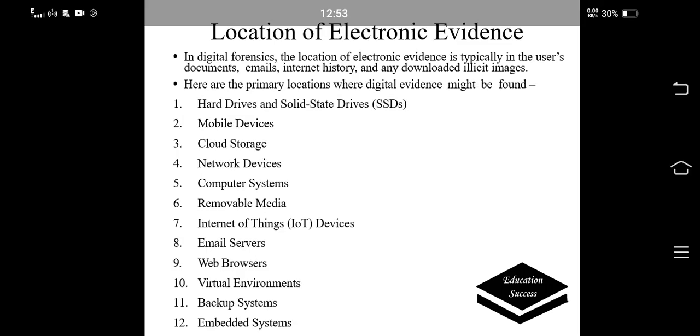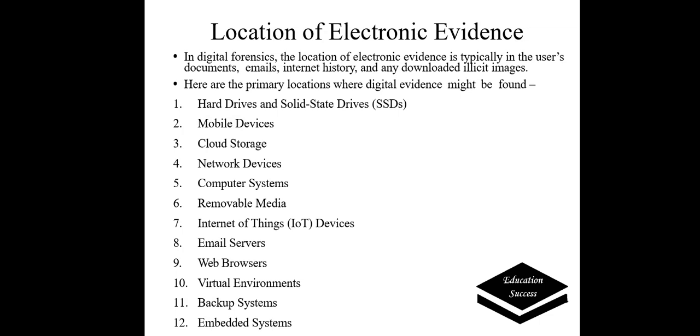Now, the next point we have to see is the location of electronic evidence. In digital forensics, the location of electronic evidence is typically in the user's documents, email, internet history, and any downloaded illegal images. Here are some primary locations where evidence might be found.